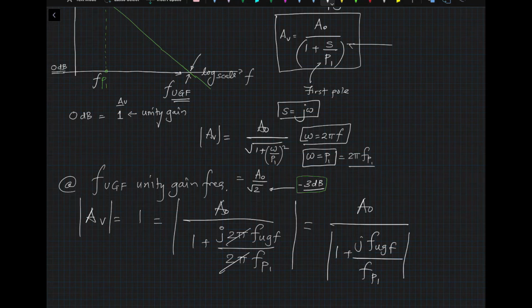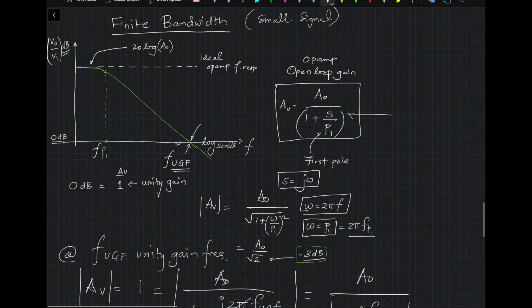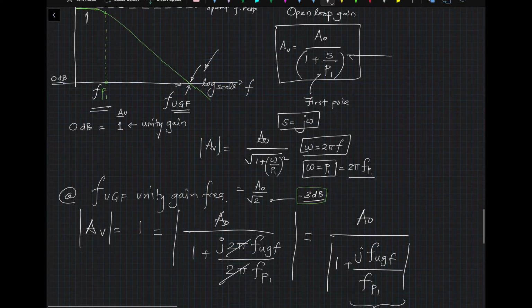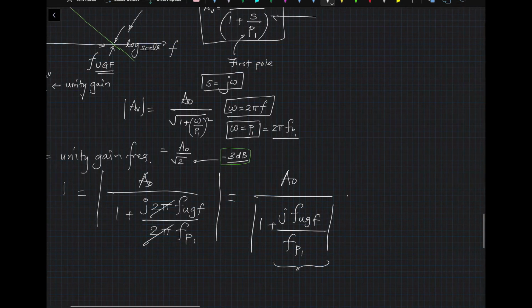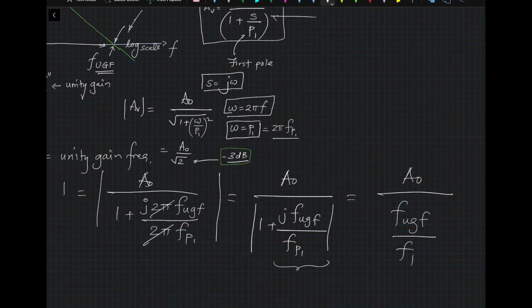Now, if you look at this particular expression, you can already see from the graph that FP1 is a lot less than FUGF. Why? Because the gain is very high. If the gain of the op-amp is high, then FP1 is going to be a lot smaller than FUGF. So we can approximate that this is equal to A0 divided by FUGF divided by FP1.